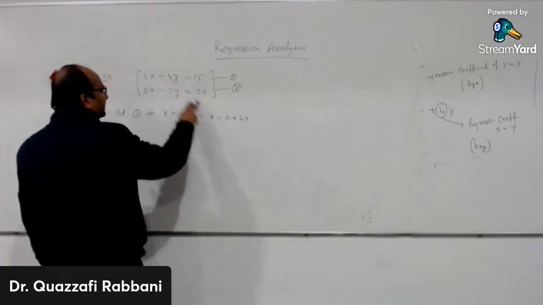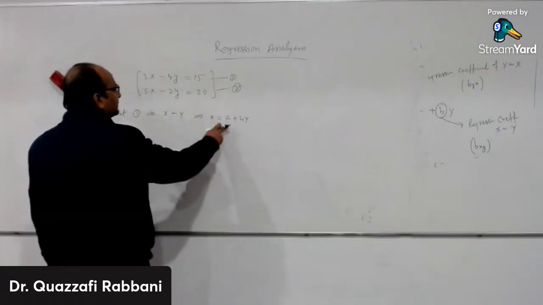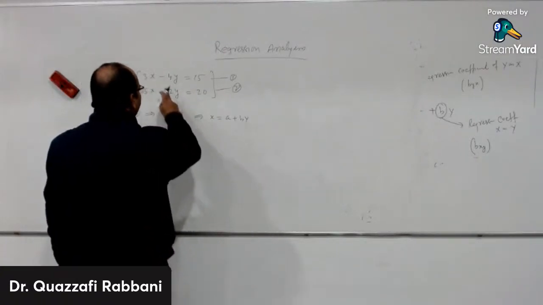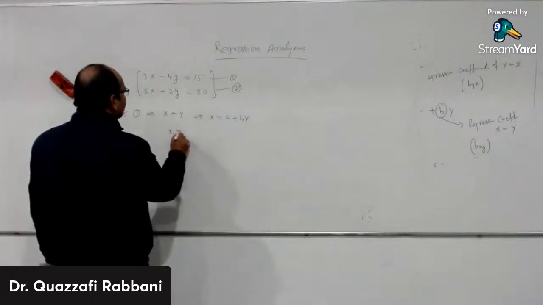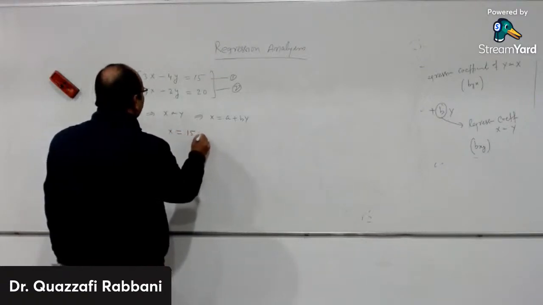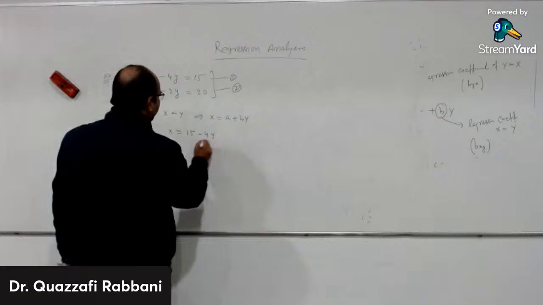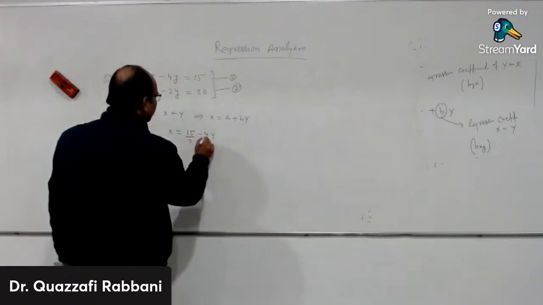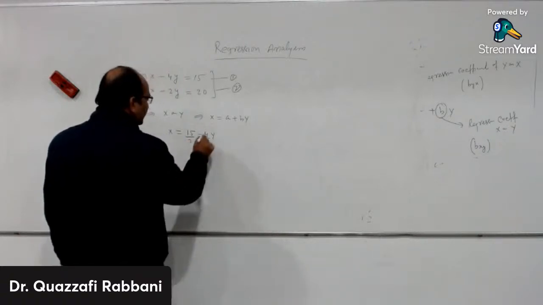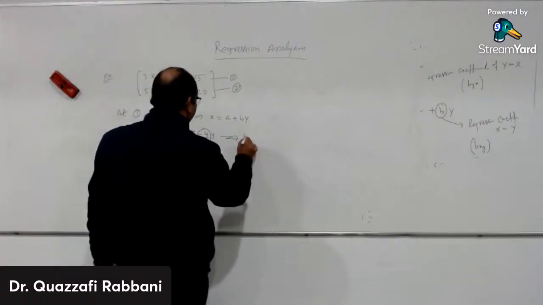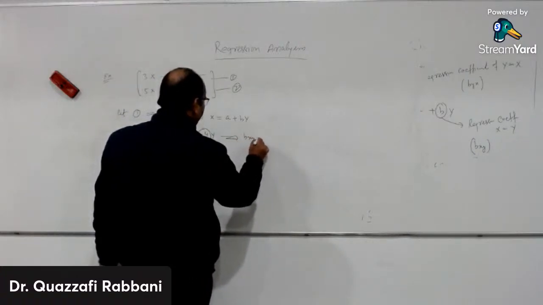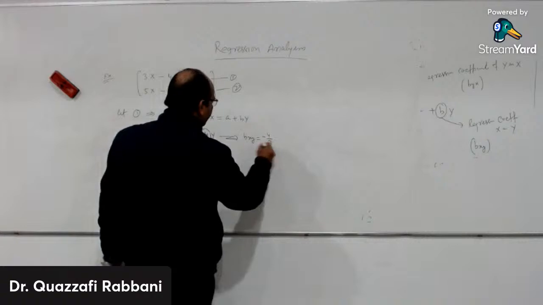So just convert this into this form: x is equal to 15 minus 4y divided by 3. So from this equation you will get bxy is equal to minus 4 by 3.